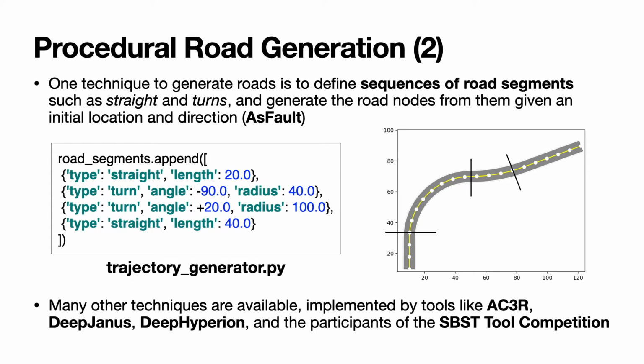So here what you see is the resulting road from this definition. There are 4 segments, 2 straights and 2 turns. And this again is a different way of coding procedural road generation. In the end, what matters is that you generate these road nodes and give them to the simulator.